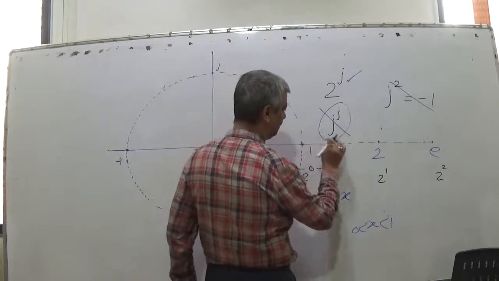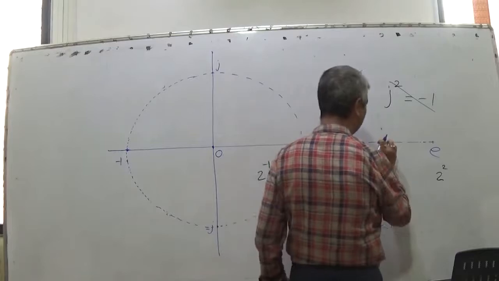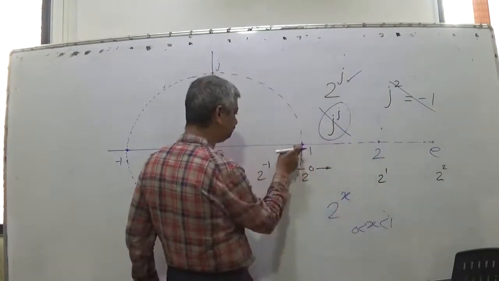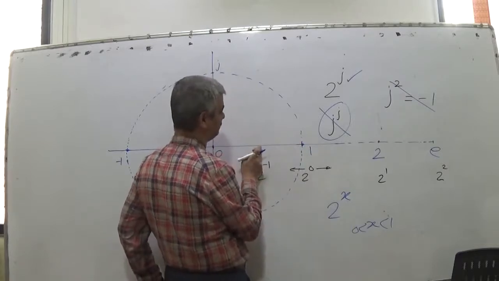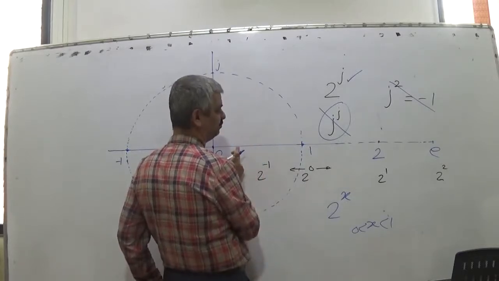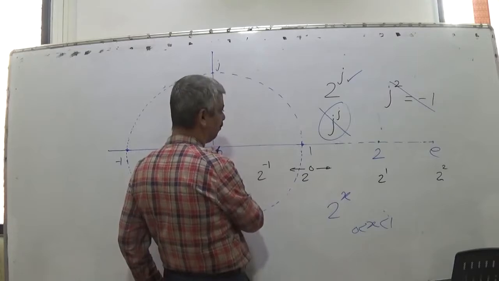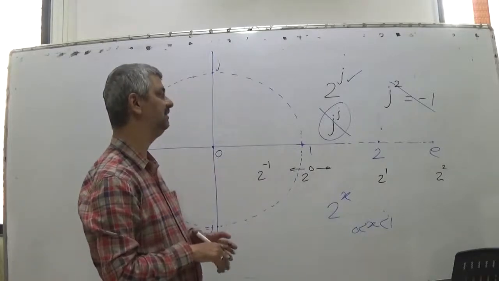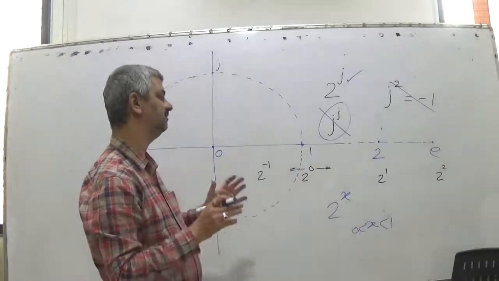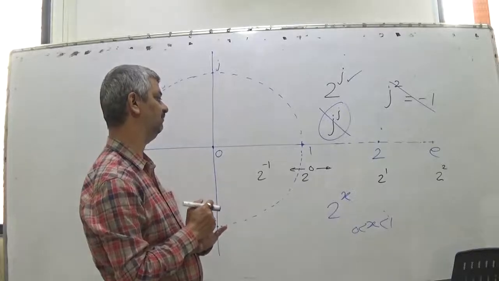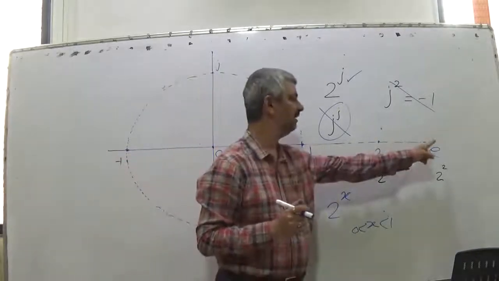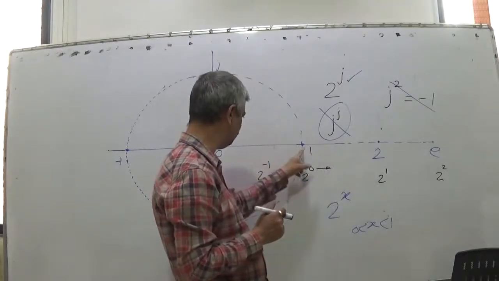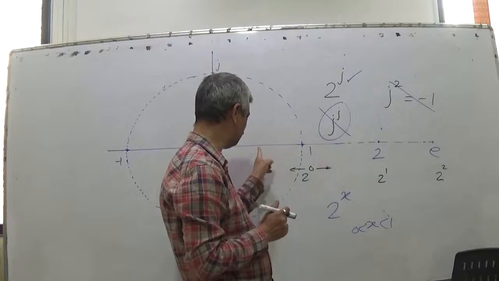Each number from this to 4 is occupied by x from 1 to 2. Each number from this to this is occupied by 1 to minus 1. Between this to this is occupied by minus 1 to minus 2. So each number from 0 to infinity is occupied by some x. For every number I can represent by 2 raised to x, and x is between 1 to 2 here, 0 to 1 here, 0 to minus 1 here.